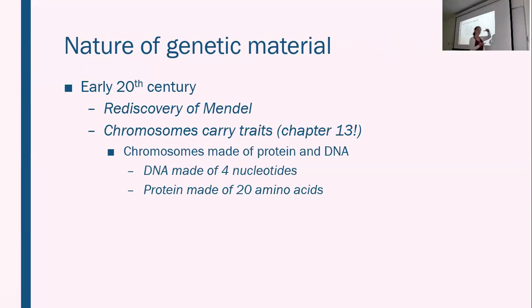A condensed chromosome is made up of DNA and protein, right? It's DNA wrapped around those little histones, all coiled up and packed together, right? And so initially people were looking at this. So the chromosomes are carrying the traits, right? We figured that out. We looked at flies. We did all this stuff. The chromosomes have the information in them. But is it in the DNA or is it in the proteins?